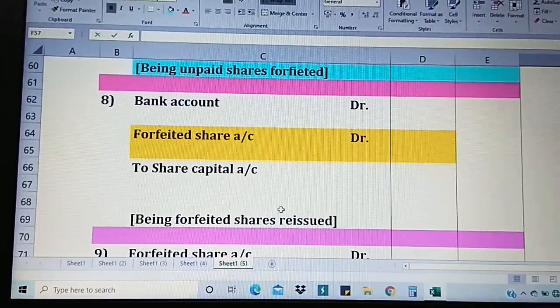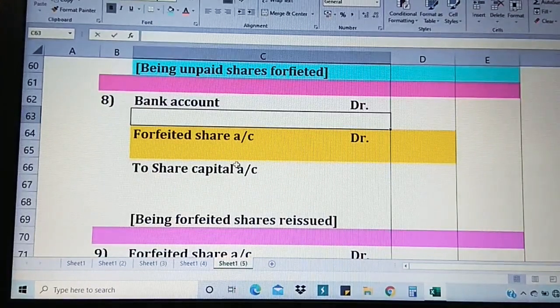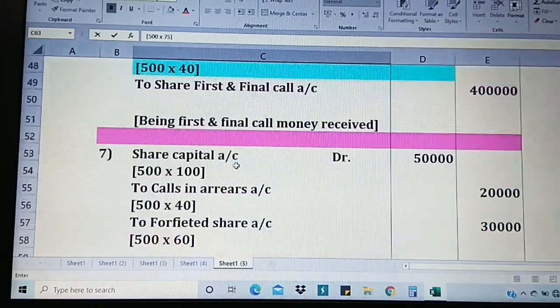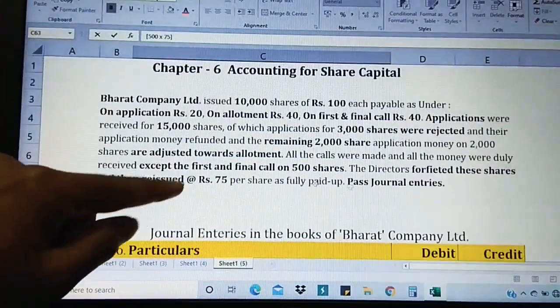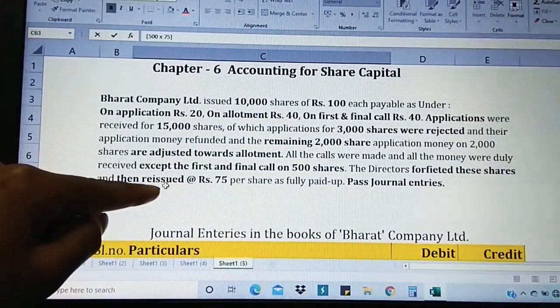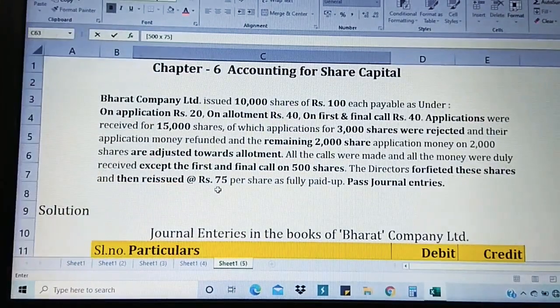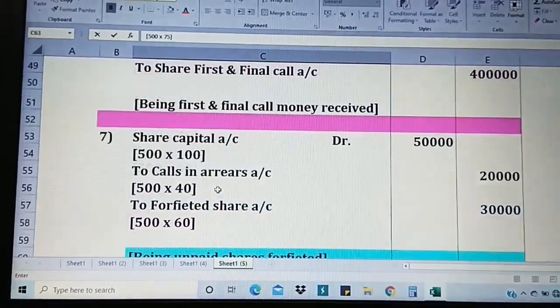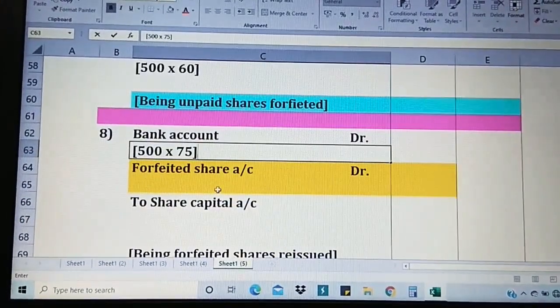Now going for the next entry, concentrate. Now we have the last entry that's related to reissue, bank account debited. This is very simple. So we are going to reissue these 500 shares at rupees 75 each, which is given in the question. Observe in the question now. Lastly, these shares were then reissued at 75 per share, fully paid up. Now going for that eighth entry.